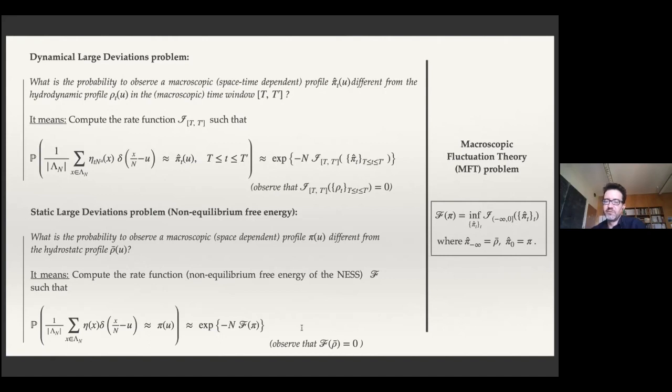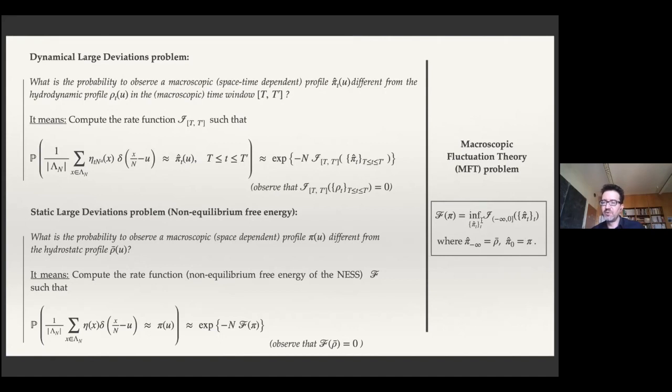If you want to compute this non-equilibrium free energy F, you can say that it is the infimum over all macroscopic paths of the large deviation rate functional I on the time window from minus infinity to 0, when initially at minus infinity you start with the hydrostatic profile, the typical profile in the NES, and at time 0 you want to observe the large fluctuation profile pi.